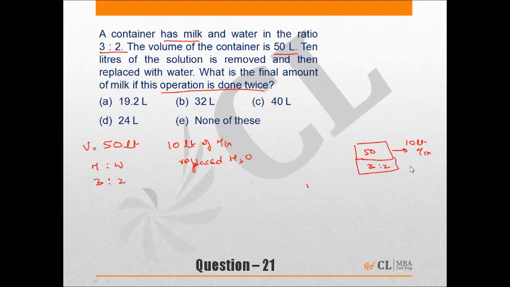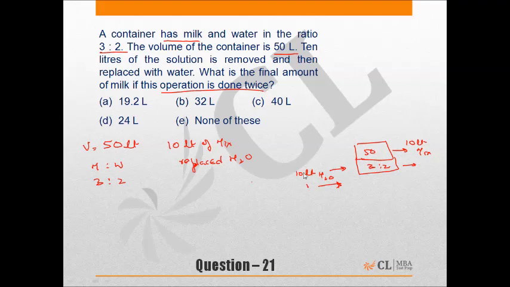Once you remove 10 liters of milk and water, then you add 10 liters of water. Then you remove another 10 liters of mixture, and then you add another 10 liters of water, and this can be done many times. The question is, what is the amount of milk if this operation is done twice? Now since you are introducing water, you should be working on the basis of milk.